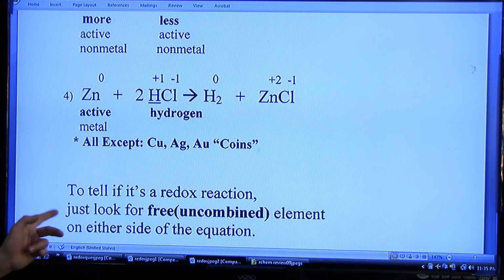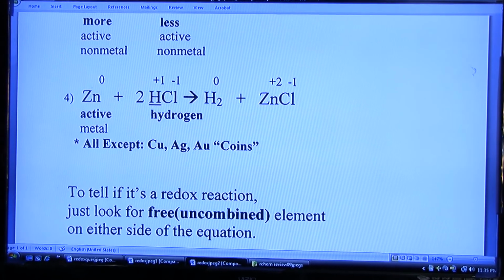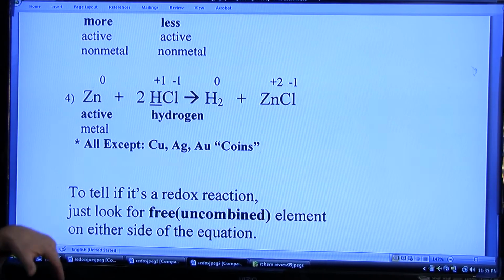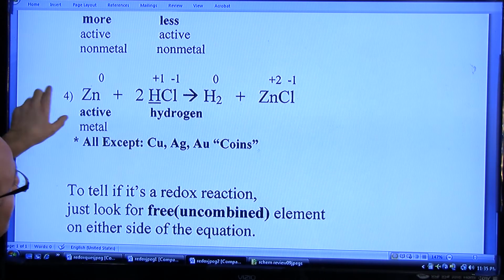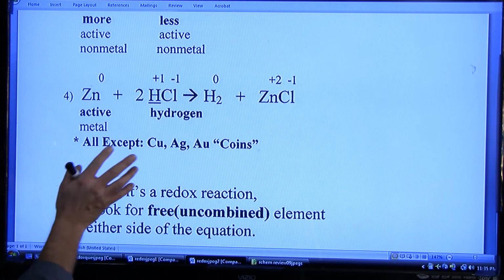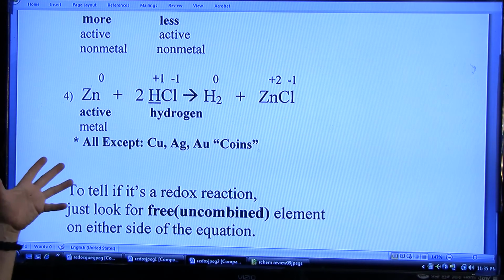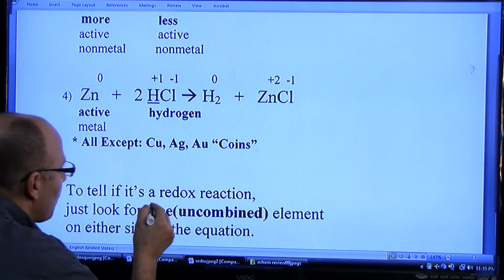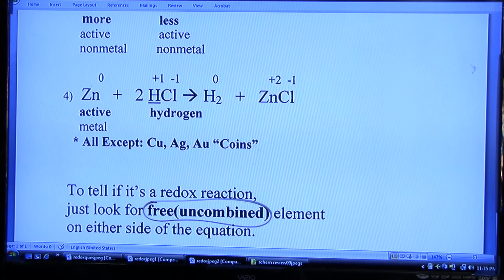Another point that you ought to note is typically they would ask you, how can you tell if it's a redox reaction, or which of the following is a redox reaction? In that case, they would have the oxidation numbers, of course, erased. It would just be the raw reaction there. And the question is, how can we tell right away? The easiest way to do that, I say, is look for a free or uncombined element on either side of the equation.